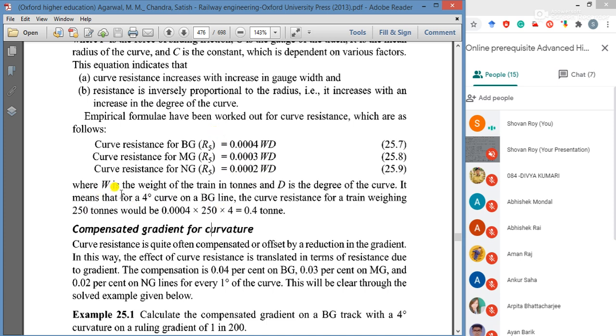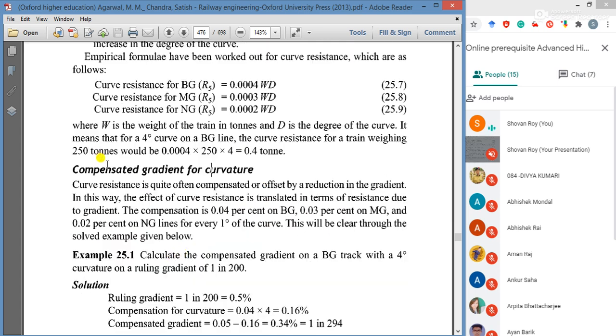For example, for a 4-degree curve on a broad gauge line, the curve resistance for a train weighing 250 tons would be 0.004 into 250 into 4, that is 1 ton. There is also a compensated gradient for curvature.